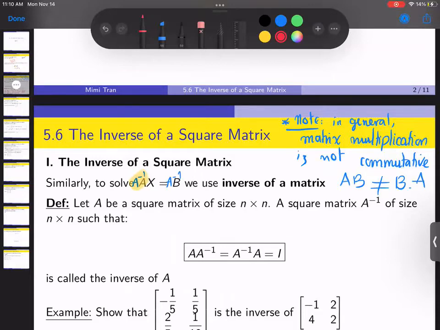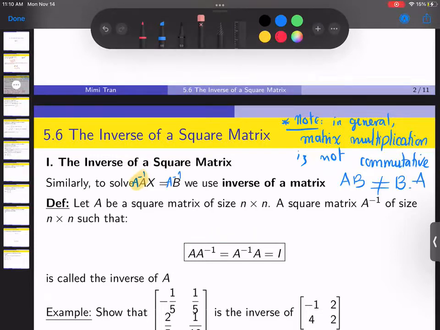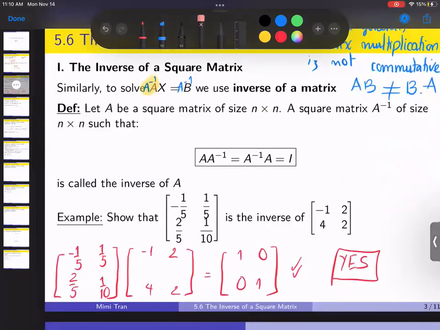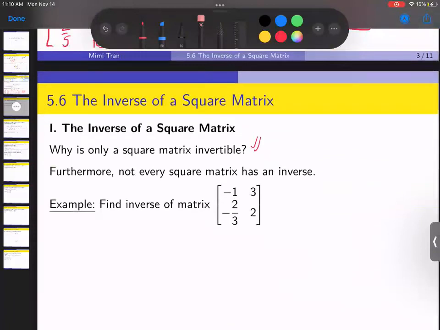So if you start out with n by n, you're going to end up with n by n. If you end up with something n by m, then it can't be an inverse. By the way, you cannot operate an inverse on a non-square matrix. It's just impossible, because of the formula, how you do it. So that's the idea why.